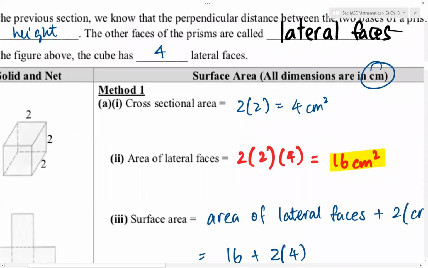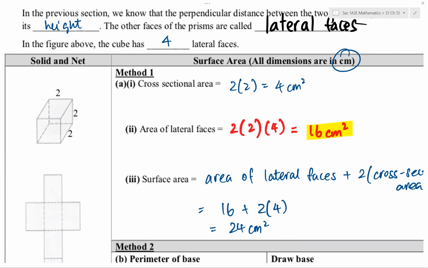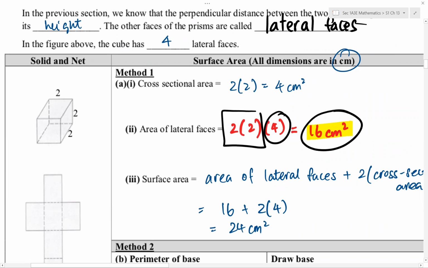Area of the lateral faces. We have 4 other squares as its lateral faces. So this is the area of one face, 2 times 2, multiplied by another 4 of them. Total we get 16 square centimeters.